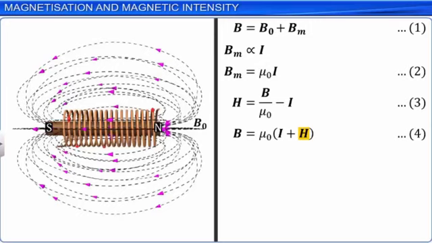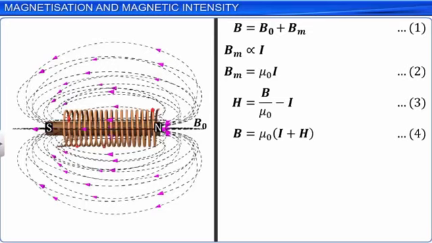It can be expressed as I is equal to chi into H. Let this be equation 5, where chi is a dimensionless quantity called magnetic susceptibility.